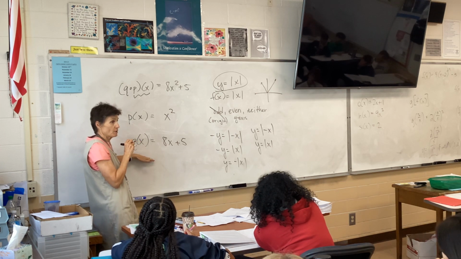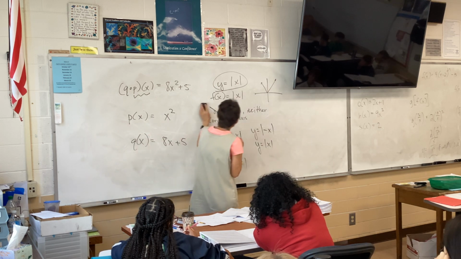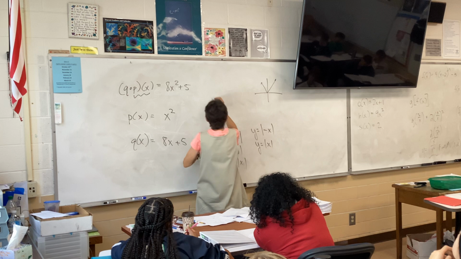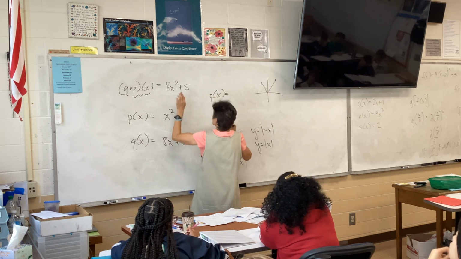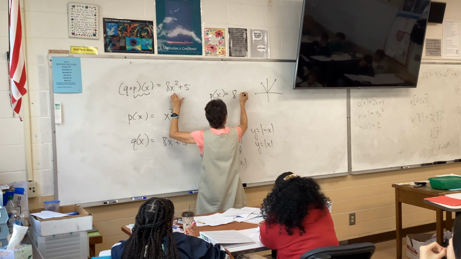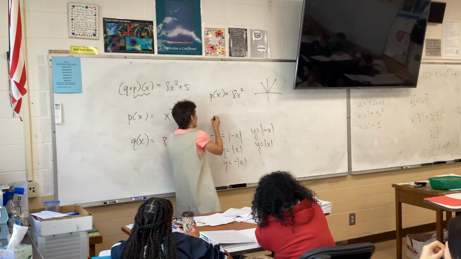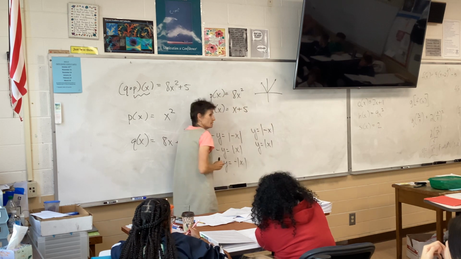So that's one possible answer. You could also say, well, I want P to do the first 2 things. So P has to square and times by 8, and then Q would do nothing but add 5.